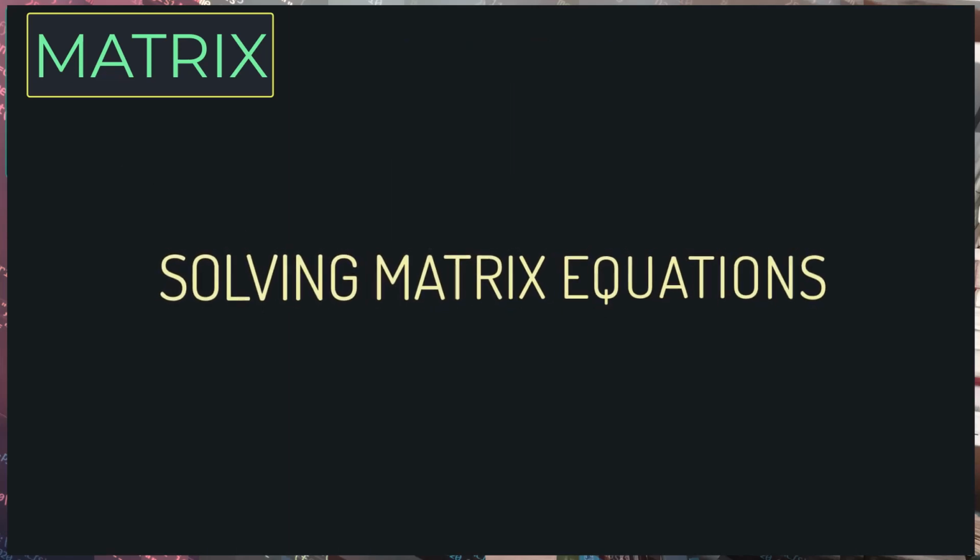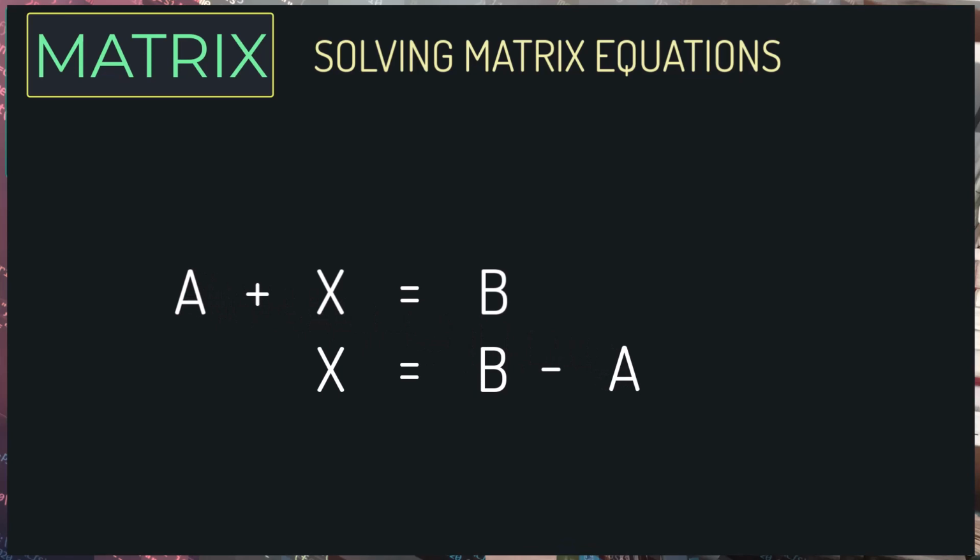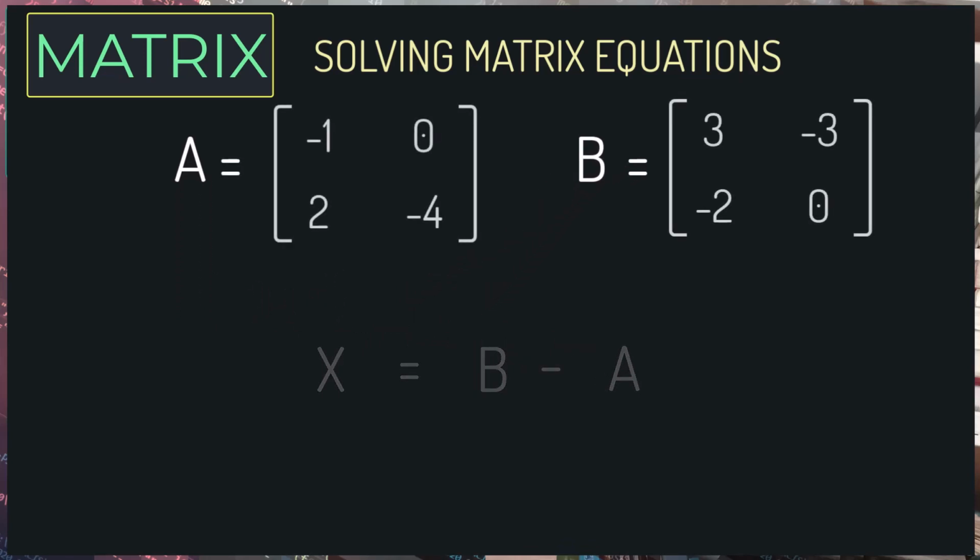Next, we see how to solve matrix equations. Suppose A and B are two matrices of the same order. Suppose there is an unknown matrix, say X, so that A plus X equal to B. Then this unknown matrix can be obtained by X equal to B minus A. For example, assume these matrices are A minus 1, 0, 2, minus 4 and B 3, minus 3, minus 2, 0.